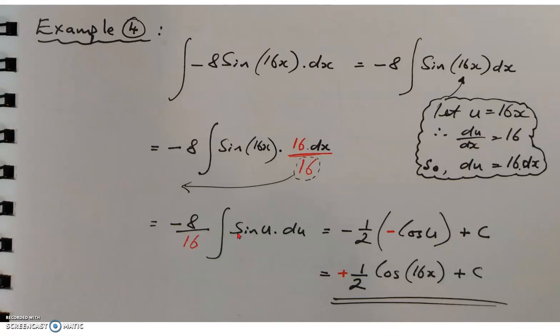So if you integrate positive sine u, it must have come from negative cosine. Okay, so when we integrate positive sine u, we're going to get negative cosine u, and that negative there and that negative here are going to go positive.